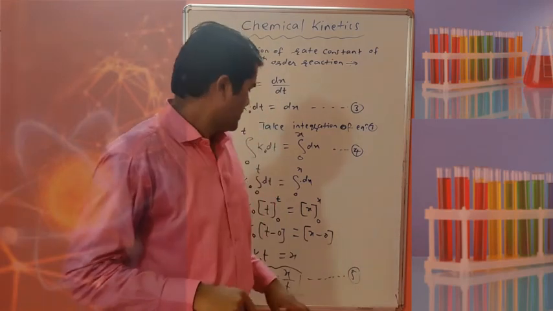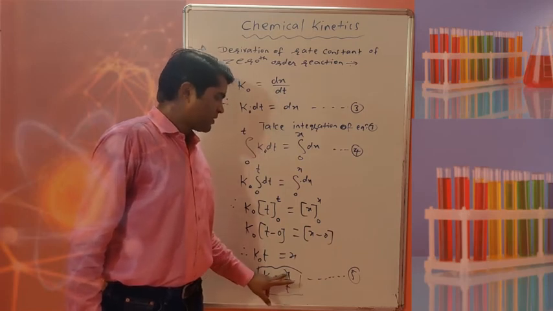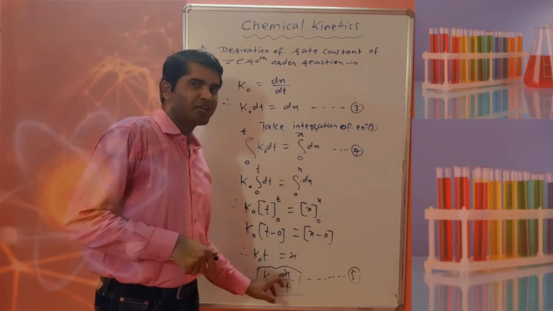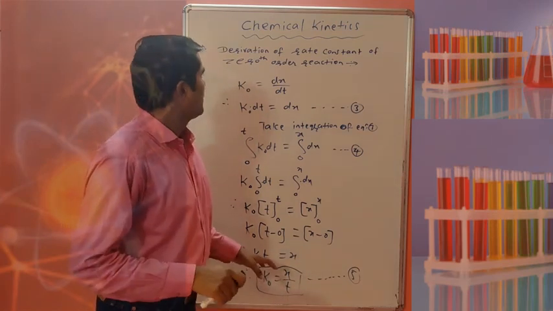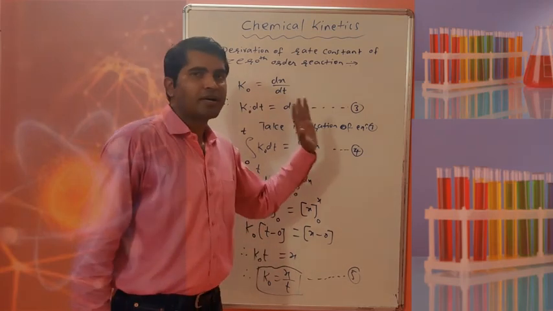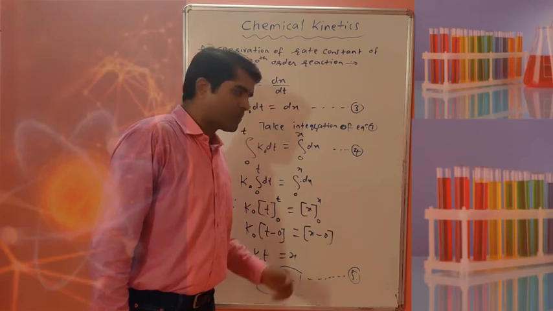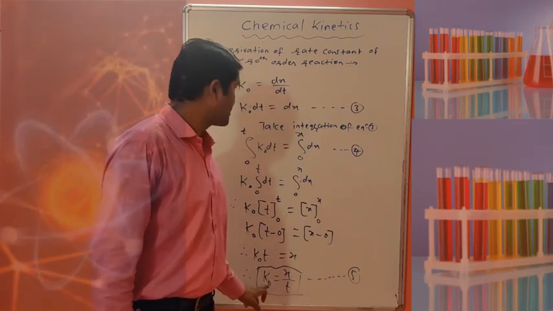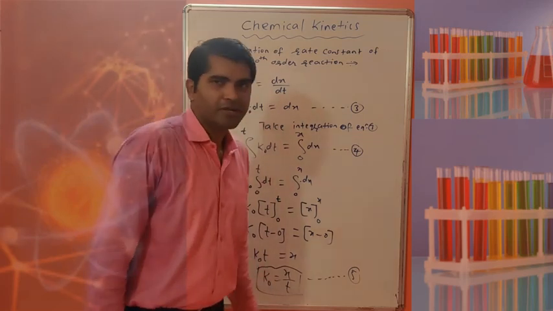That is the meaning. And here also we are getting that the rate constant does not depend on the concentration of reactant, because the A term is not here, or the A minus X term is not here. That means the rate of a zero order reaction does not depend on the initial concentration of the reactant, and the final equation of the derivation is K0 is equal to x upon t.